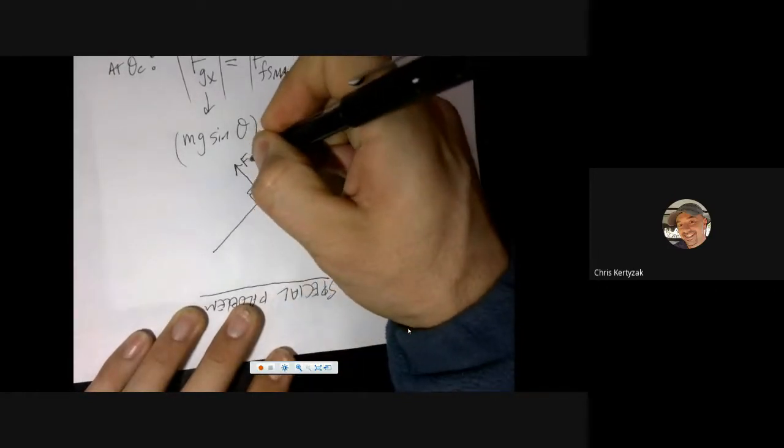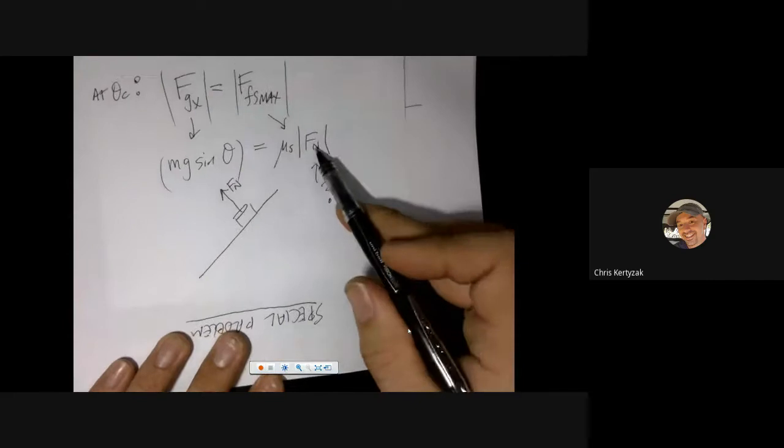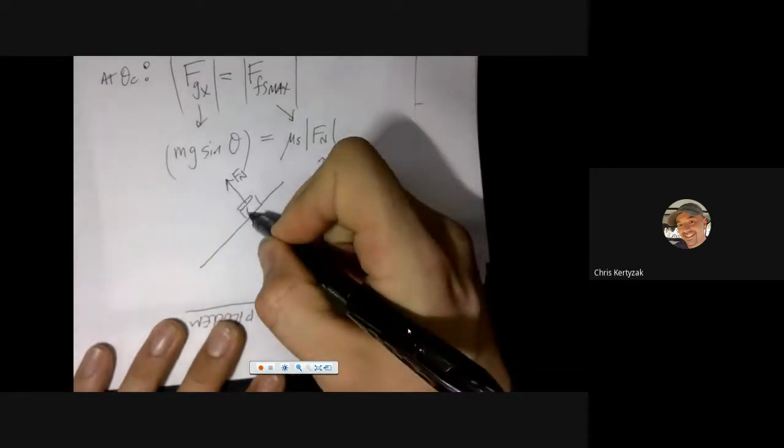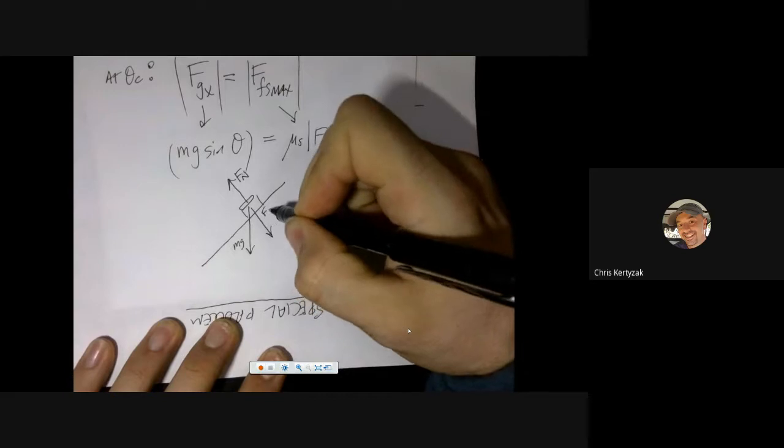Think to yourself, what would the expression be for Fn, which is in this direction? Because you need to put it in right here. And if you don't know what that expression is, you can't move forward. What would Fn be equal to? Same idea, remember, that mg pulls down here. Then there's an amount of gravity force that we call Fgy.